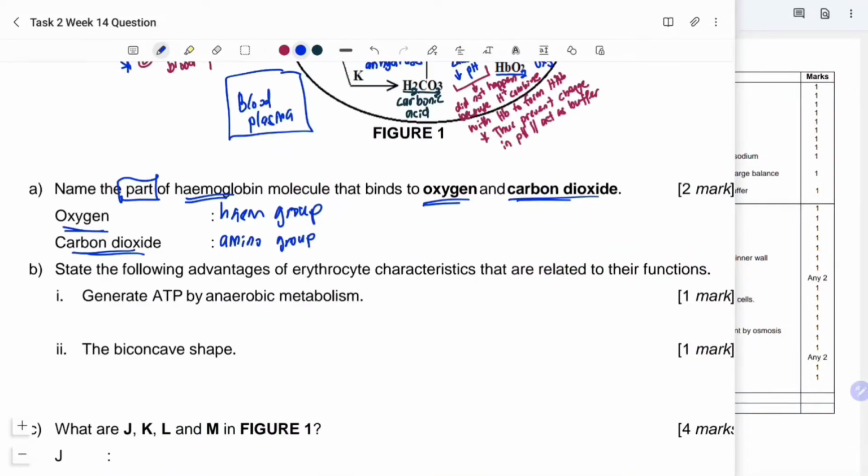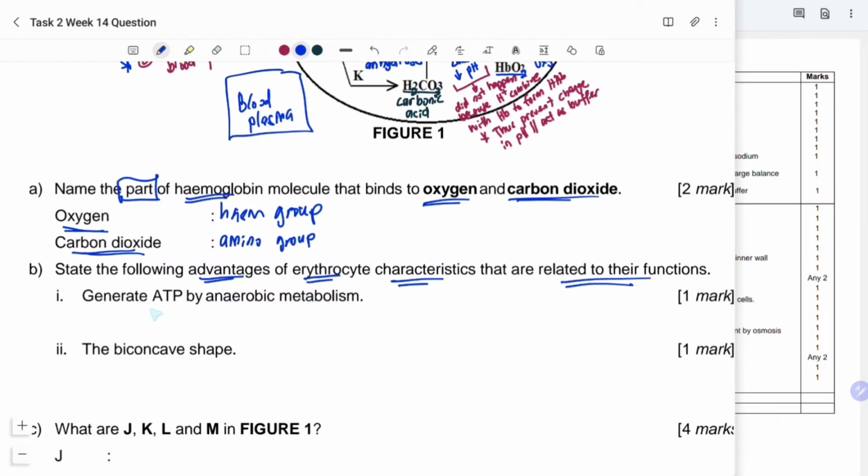Okay, for the next question, state the following advantages of erythrocyte characteristic that are related to their function. So kita nampak soalan ni cuba kaitkan apa yang awak dah belajar semasa chapter 2 SEM 1 dahulu, iaitu characteristic of red blood cell. Dan apa kaitan characteristic red blood cell tu dengan efficiency of erythrocyte, iaitu red blood cell untuk transport oksigen dan juga CO2.